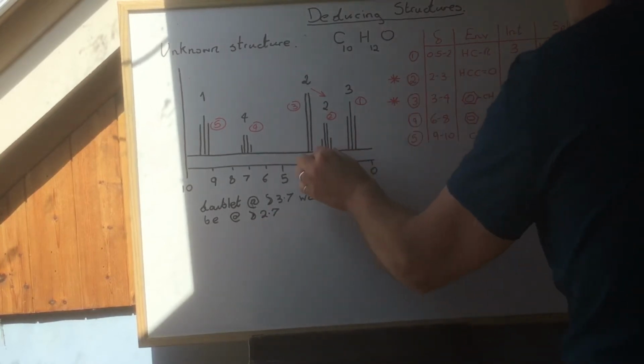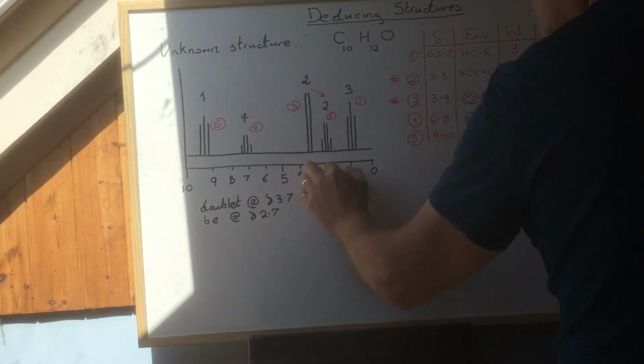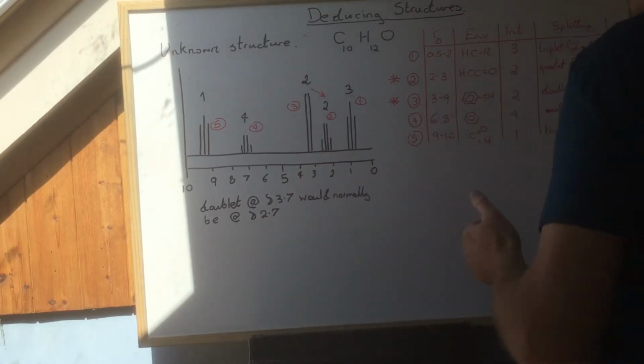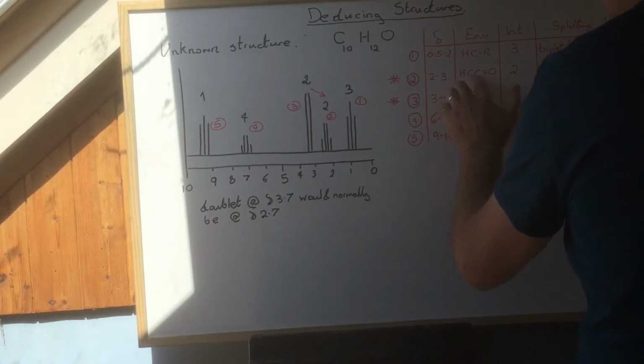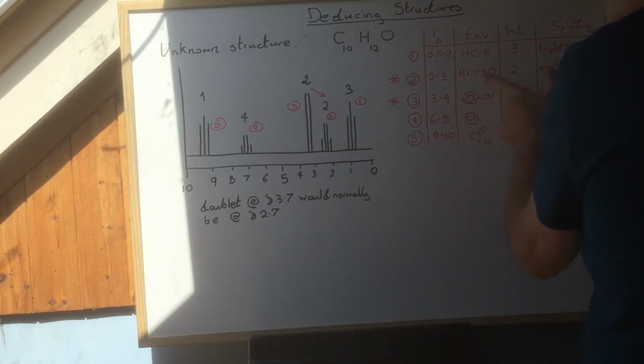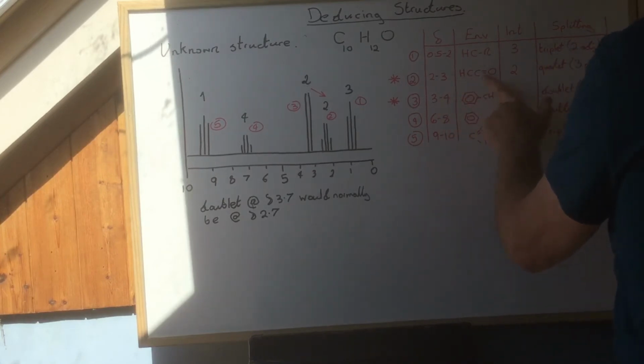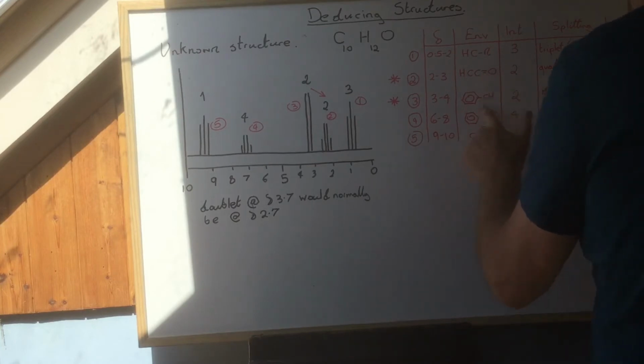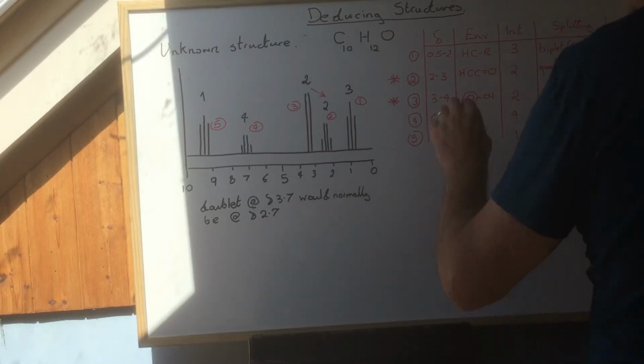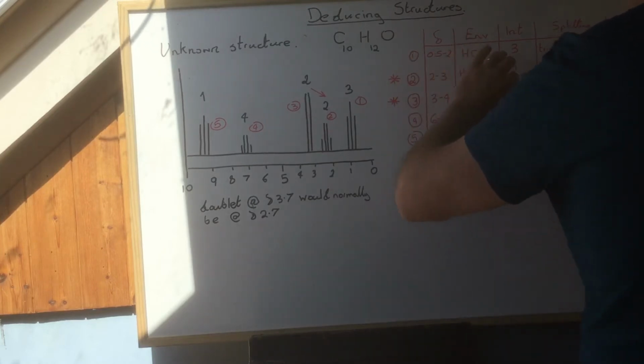The trouble with that region of 2 to 3 is it could be down to two things. It could be down to H joined to a C double bond O, or it could be a benzene ring, H joined to a C joined to a benzene ring, because they are both possibilities.